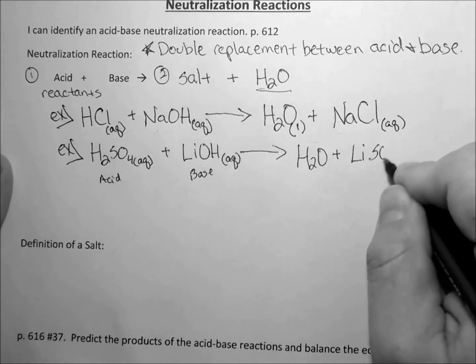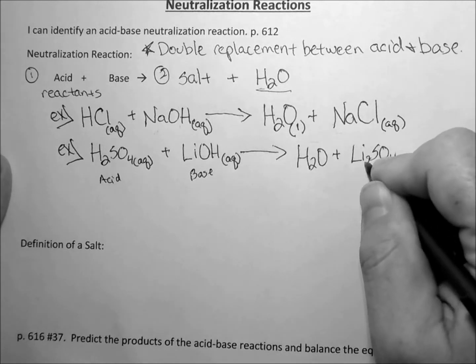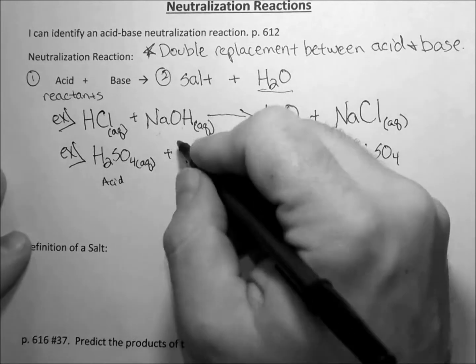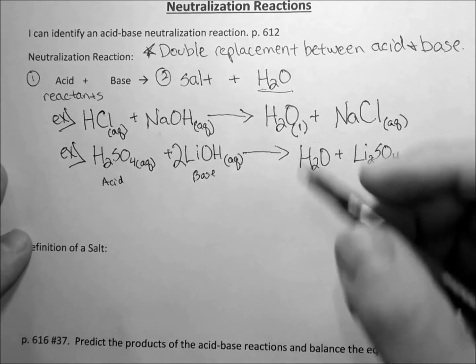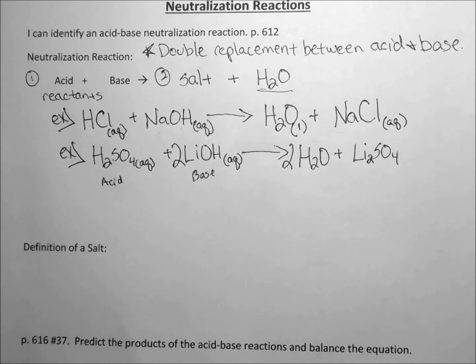Alright, well, Li and SO4, and then you think about your charges, I heard it, put an Li2SO4 right there, because the sulfate has a -2 charge. Perfect. Now you just got to balance it. We're going to have to put a 2 right there, and a 2 right there, and we'll be balanced.